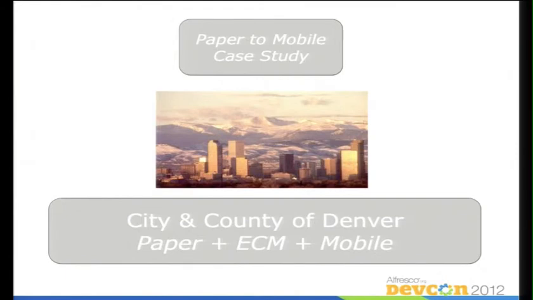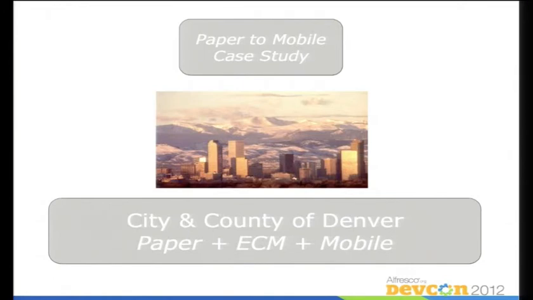Another case with Denver really quickly here is we've implemented a scanning project for them, all going into the same Alfresco server that holds the 311 data and the contracting data. We're working with the Health and Human Services Department for the city, and in that case, they're scanning actual case files of folks that are working with the city to get some form of assistance.